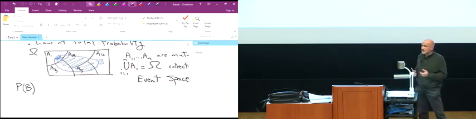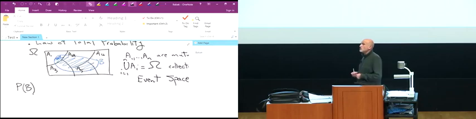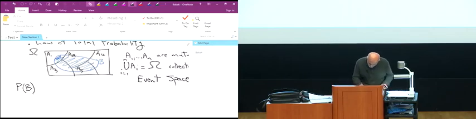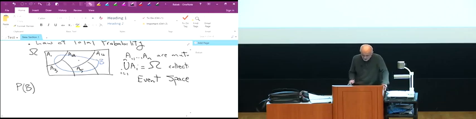I can divide my event B into non-overlapping segments. Does this diagram suggest that non-overlapping segmentation? How would I split this diagram into non-overlapping segments?